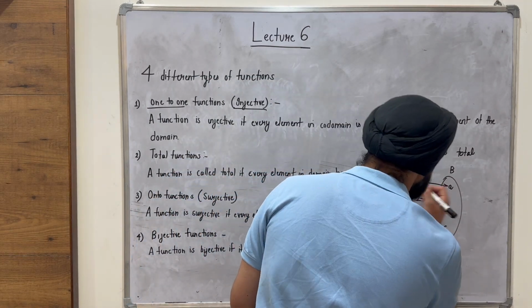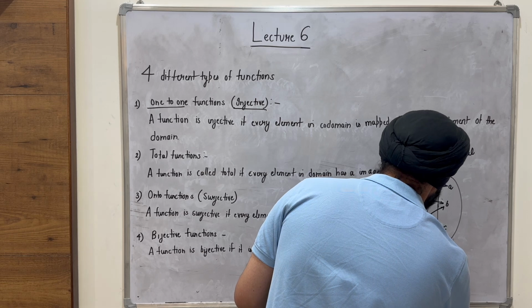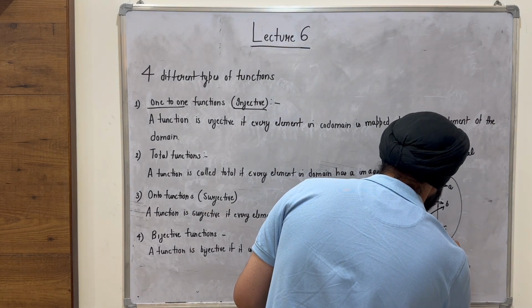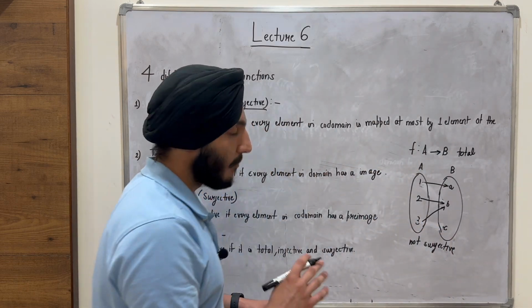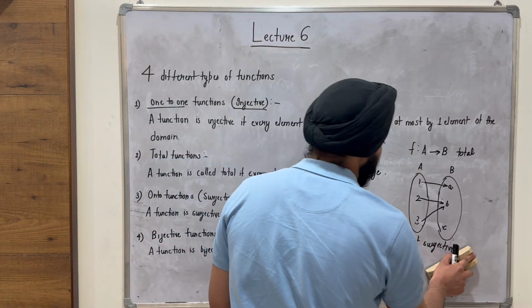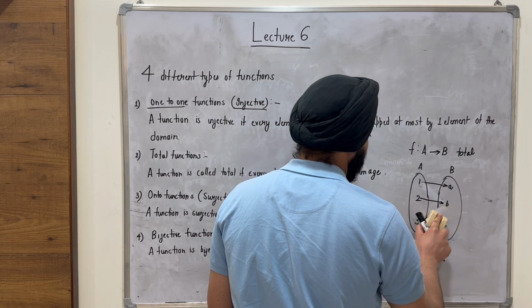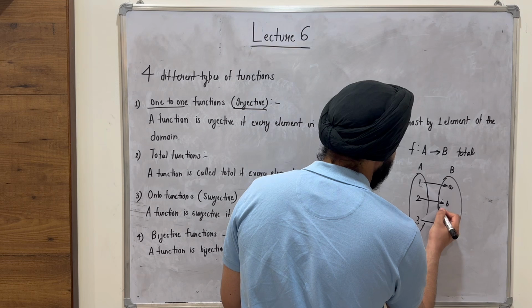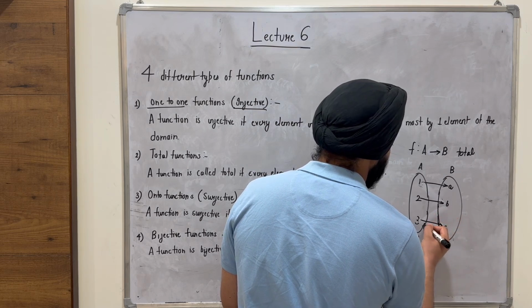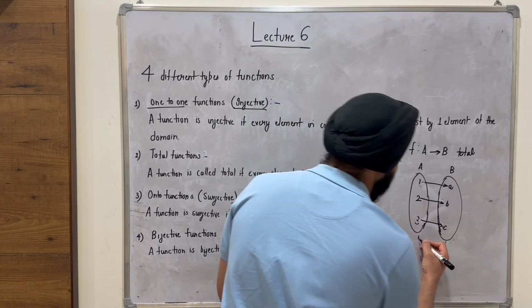So this entire function is not surjective. I hope that makes sense. But if I change this over here, right? So let's say this 3 now points to the C over here. If I make this one change, then this would become surjective now.